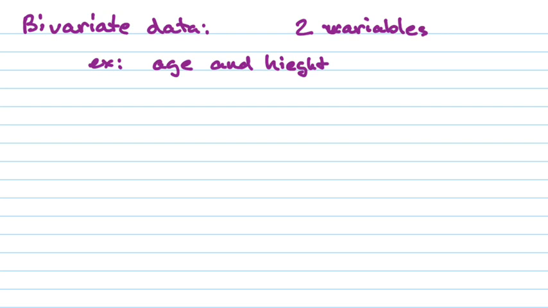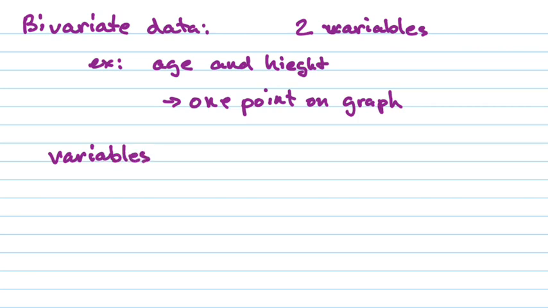So each one of these is going to be one point on the graph, because we want age and height at the same time. Each one corresponds to one person or one thing we ask. We're going to look at several different examples, so you can see there are lots of them going on. And we call these variables, again, because their value can vary.